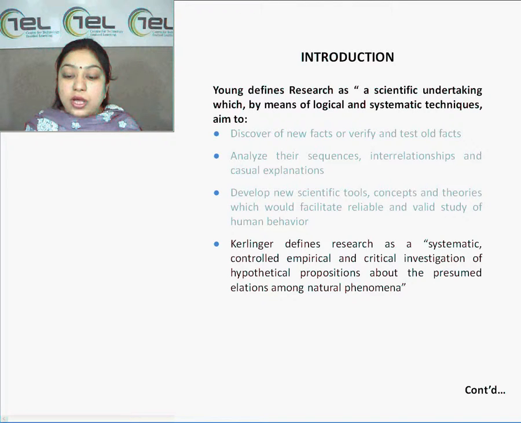According to this definition, it is the controlled, empirical and critical investigation of the assumptions which the researcher has already assumed, and then on the basis of these assumptions a systematic process is followed, and you try to bring out some results and findings out of that phenomena.